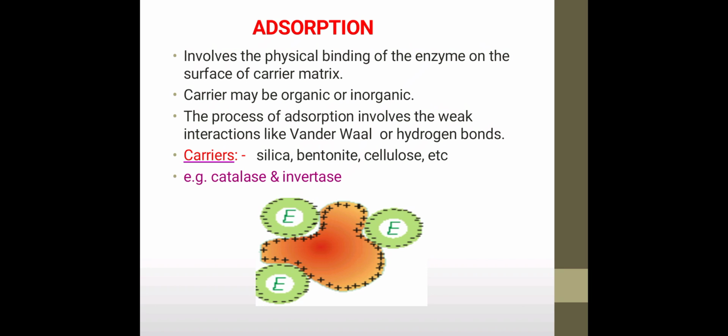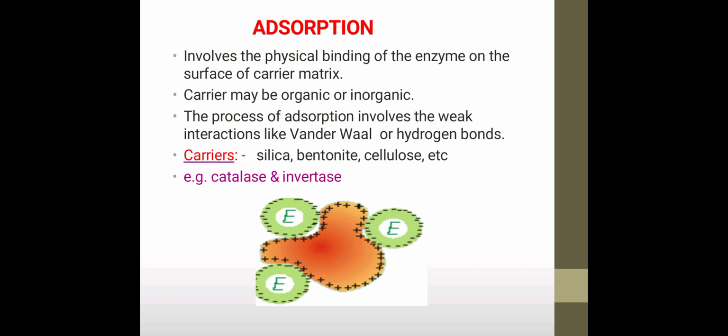So both the choices are there. And the process of adsorption involves weak interactions like van der Waals force or hydrogen bonding. So weak interaction will be noted between the enzyme as well as the supporting matrix.